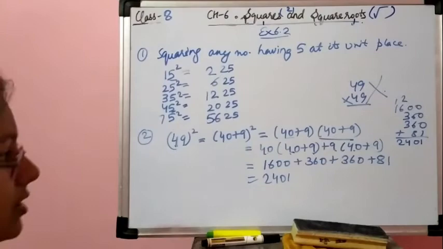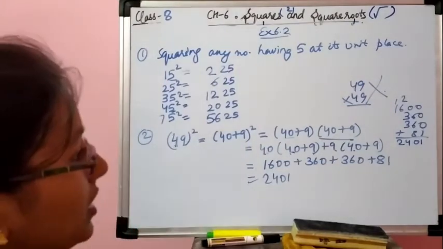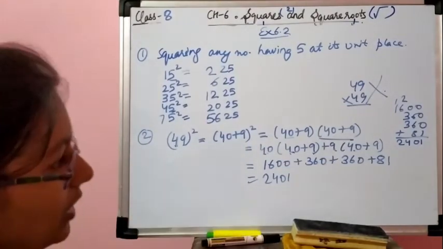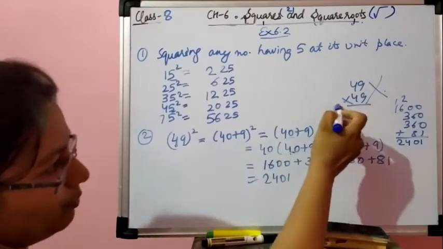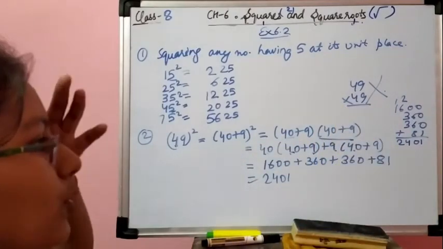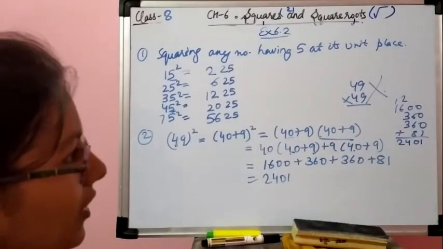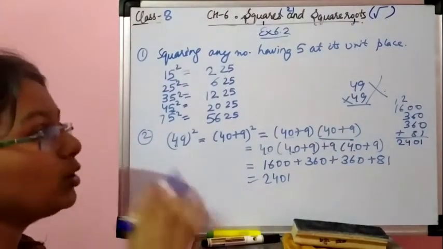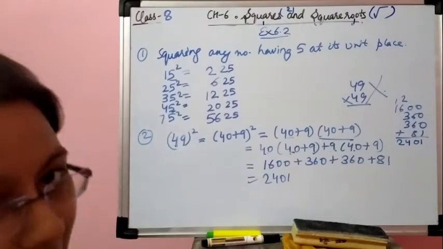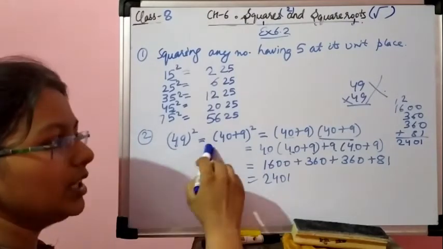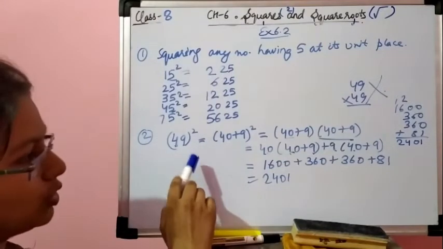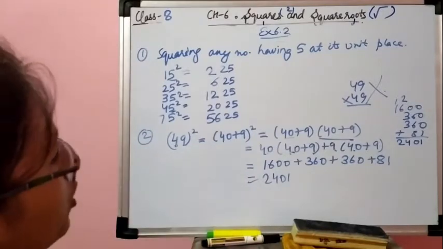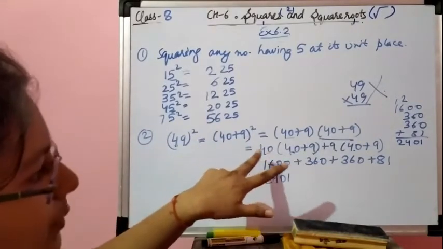Definitely you will say that this is not an easy way or this method is not short. Yes, you are correct. If you multiply, you will find the answer in a very short time. But if the question is that without actual multiplication you have to find the answer, then you have only this method.